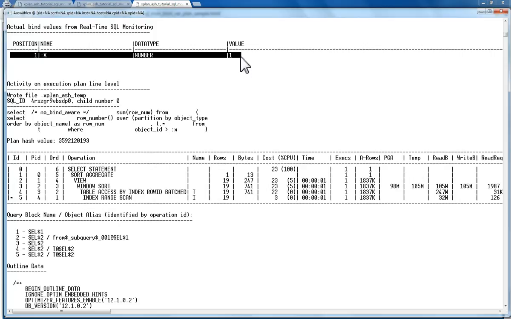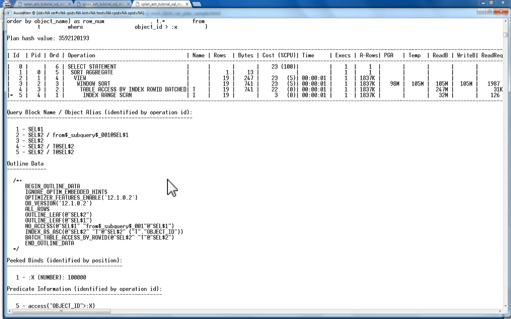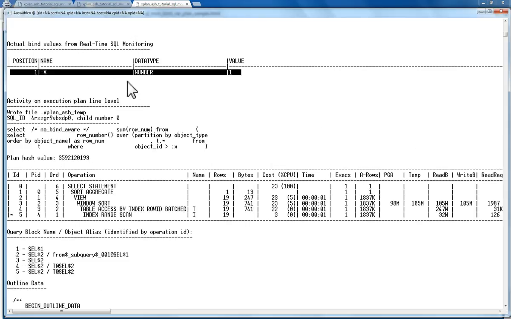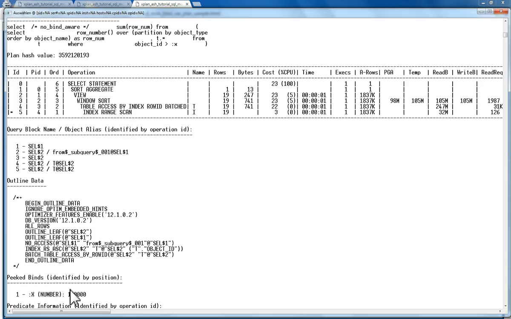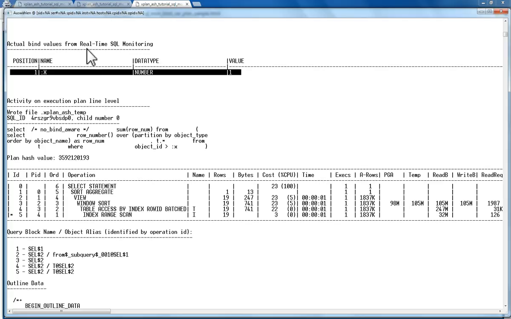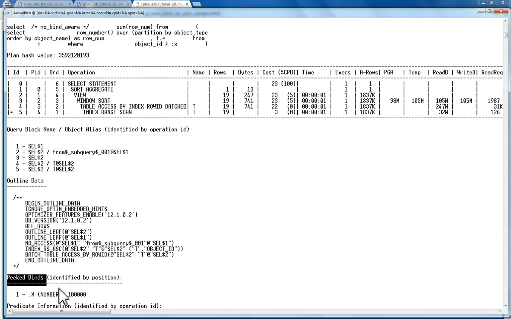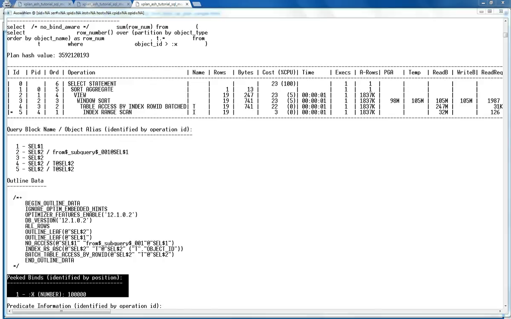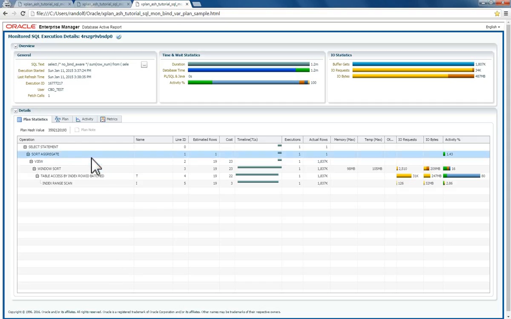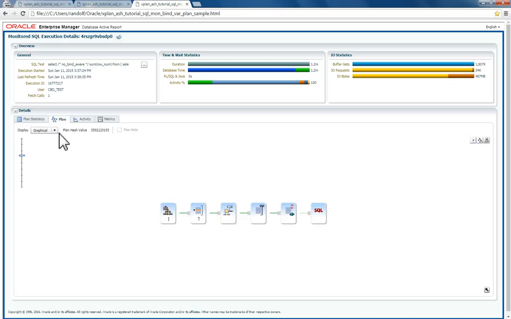That's the reason why I have included in the ExplainASH output, if real-time SQL monitoring information is requested and available, this actual bind value section. The peeked bind is something that you unfortunately don't get from the real-time SQL monitoring, because the information there is based on V$SQL_PLAN_MONITOR.